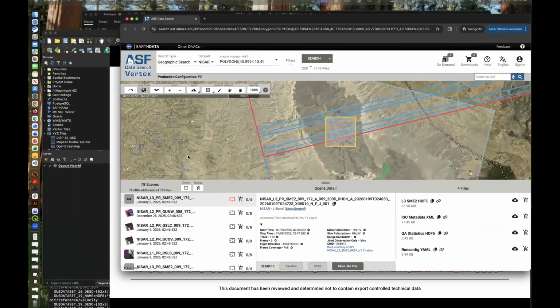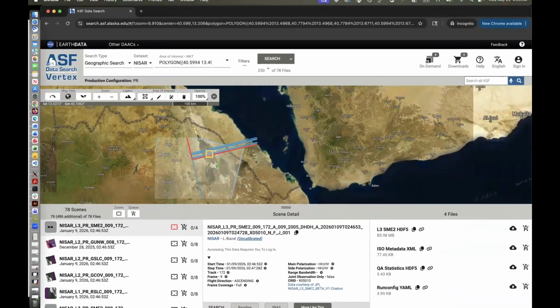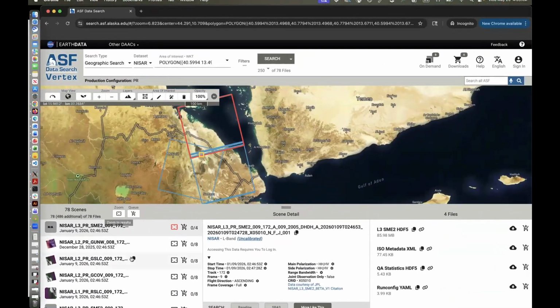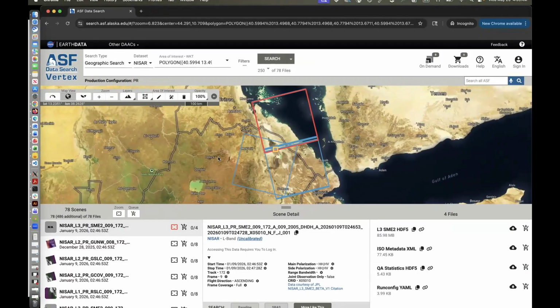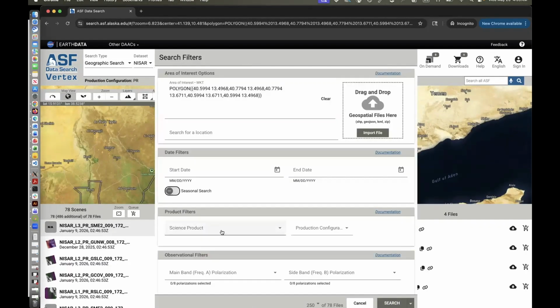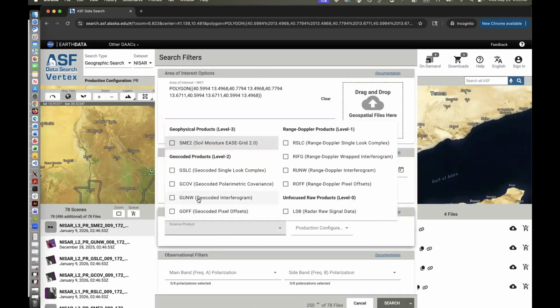You will notice that we have plenty of data sets available, various products over this region. But for this demonstration, we're only interested in the GUNW, or the geocoded unwrapped interferogram. So we will click filter and filter the GUNW product from the science product tab.